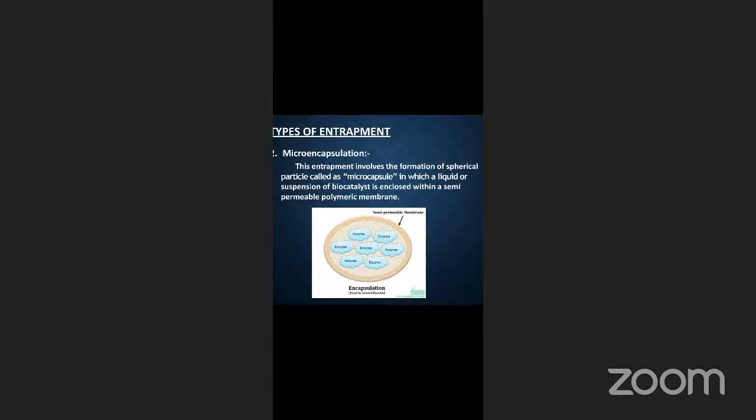Another is microencapsulation. Here the entrapment involves the formation of a spherical particle called a microcapsule, in which a liquid or suspension of biocatalyst is enclosed, which is semi-permeable.